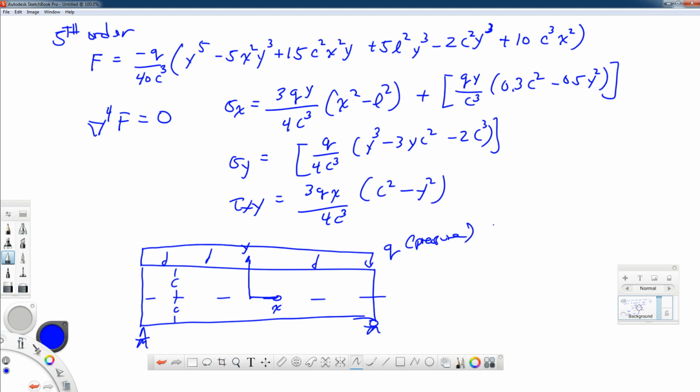Now the units on this Q would be something like force per length divided by the thickness, 1, unit thickness.